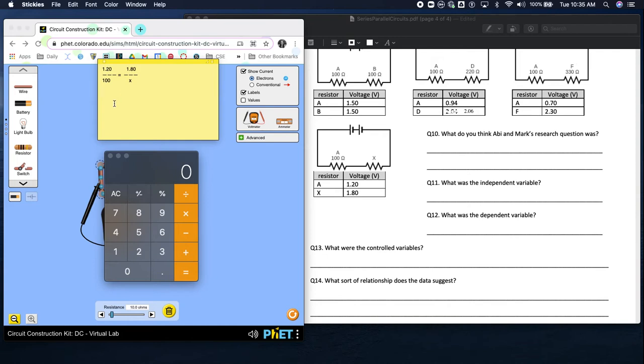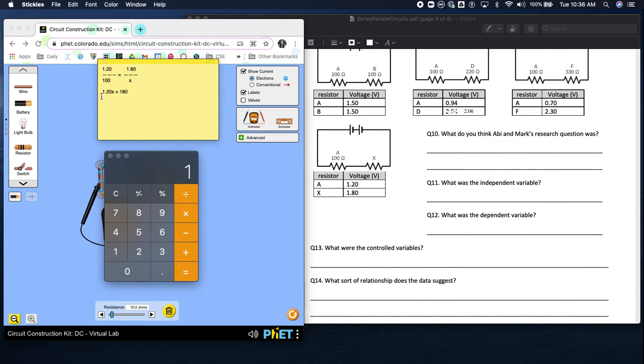So 1.20 times X equals 100 times 1.8 equals 180. Right? We could have just moved the decimal over.